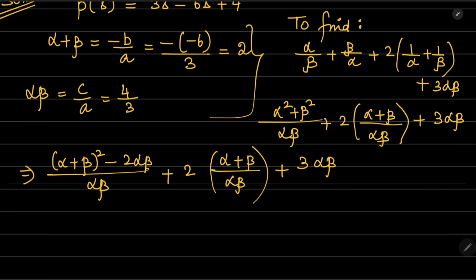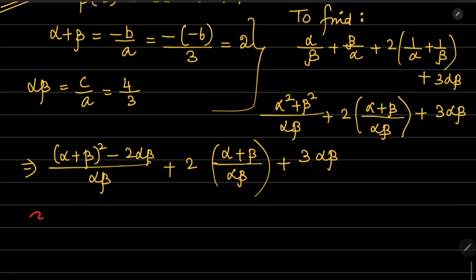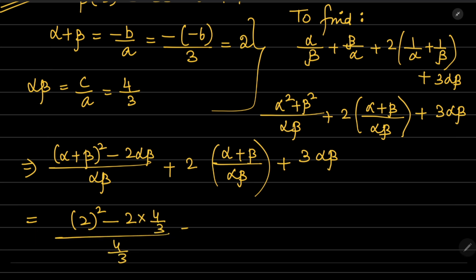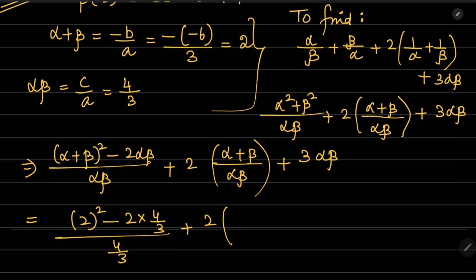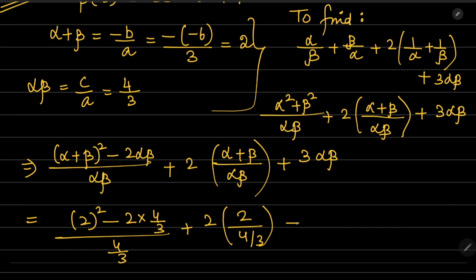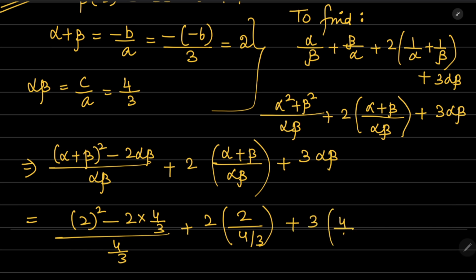Now everything is of the form, if you see here, alpha plus beta, the sum of zeros, and the product of the zeros. Every term has been changed to the form of sum and product, and now you have to just substitute the value. What is the sum of the zeros? That is alpha plus beta. It is 2. So 2 square minus 2 into 2 multiplied by 4 by 3, whole divided by 4 by 3, plus 2 multiplied by what is alpha plus beta? 2 divided by 4 by 3, plus 3 multiplied by 4 by 3.